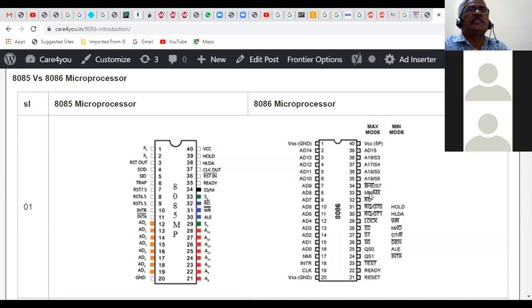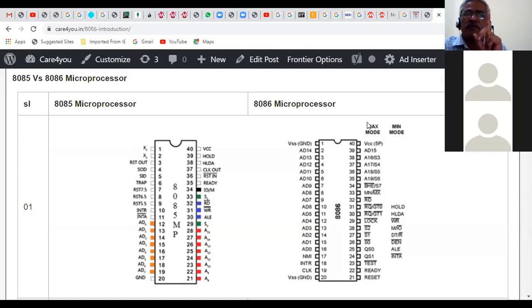But when you connect this pin to MN, that is a high enable, logic 1, that is to VCC, then this processor will work in the minimum mode. Minimum mode means something similar to the 8085. Try to understand. Minimum mode will be something similar to the operation of an 8085.